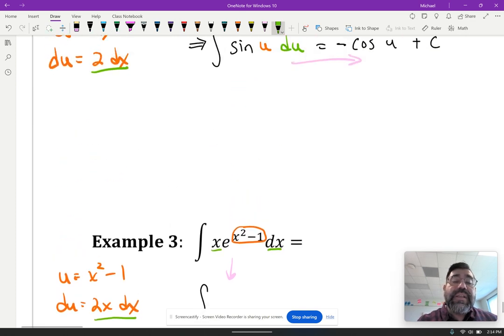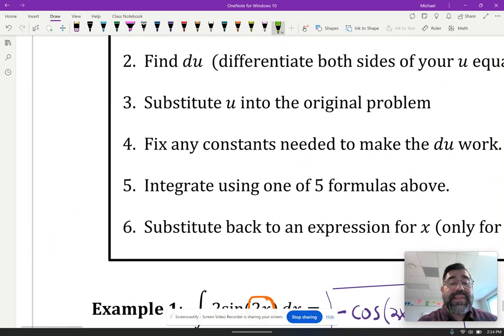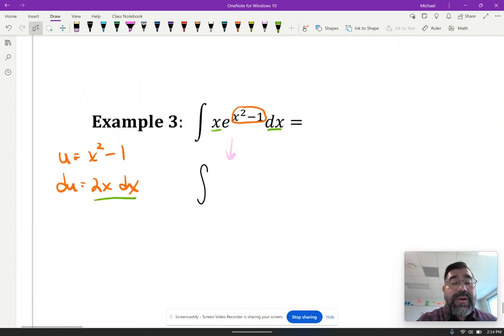And so in this recipe, it says fix any constants needed to make the du work. What does that mean? Well, I need 2x dx. I only have 1x dx. So I could multiply this by 2, but that's going to change the whole value of the integral unless I compensated by multiplying by 1/2.